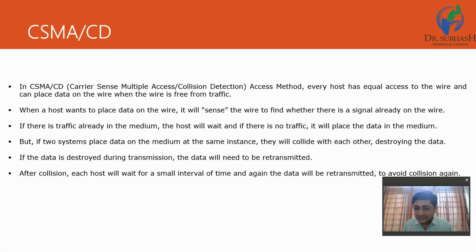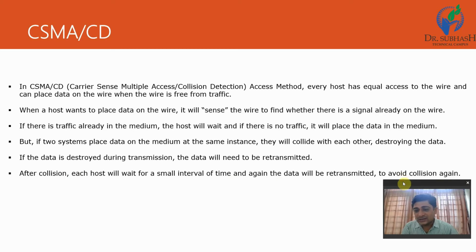If we are passing data from both ends, then at some time it may be destroyed. If the data is destroyed during transmission, the data will need to be retransmitted. That is the overlapping of data. After collision, each host will wait for a small interval of time and then it will pass the data again.